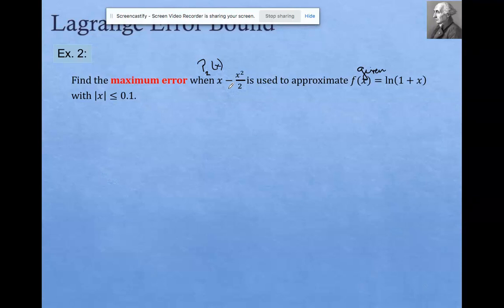Can you tell it's the second order? Because I have a squared over 2, so it means that the coefficient of the x to the first term must have been 0, right? The x's, instead of giving me just a 0.2, they're asking me about any x between negative 0.1 and 0.1. That's what that says.